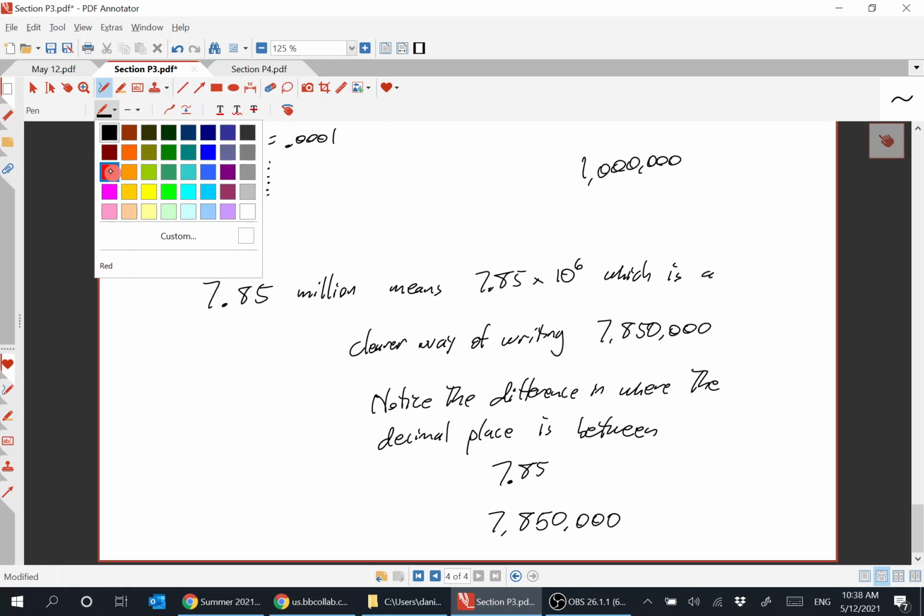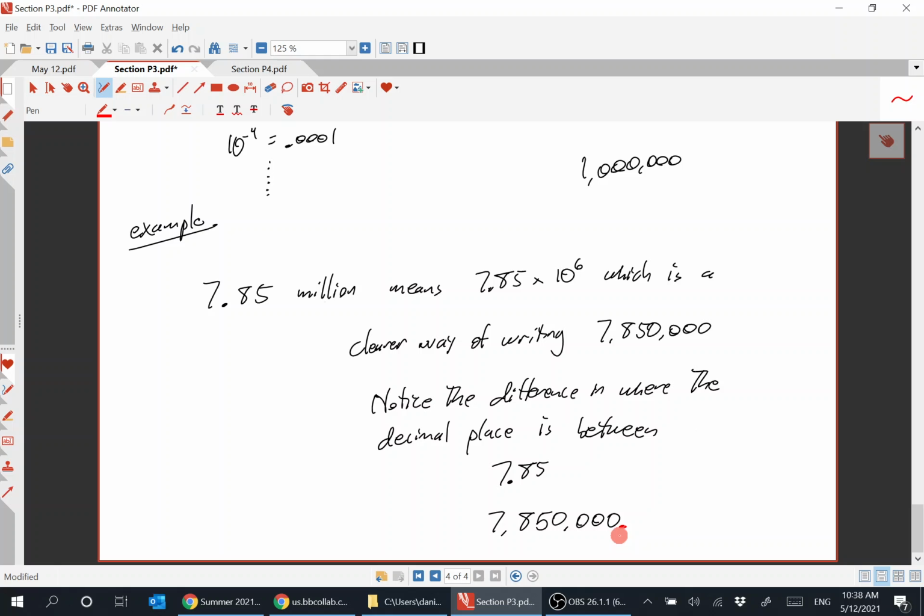The decimal place is here, which is 1, 2, 3, 4, 5, 6. 6 spots.